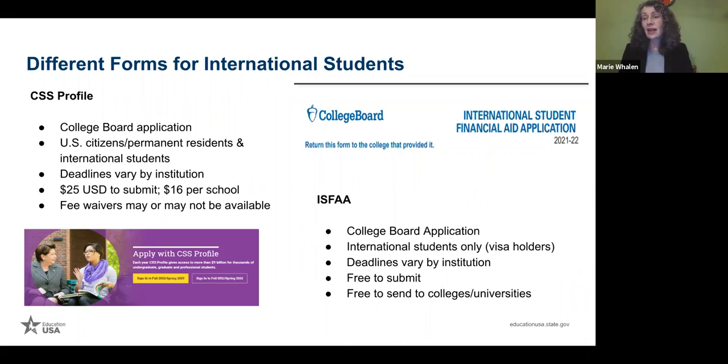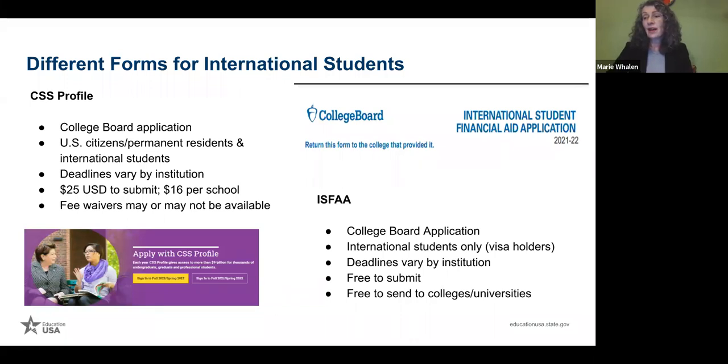The application you end up using will likely be decided by the individual college or university to which you apply. Depending on how many applications you submit, where you submit them, and the institutional financial aid policies, you could potentially end up submitting the CSS profile to some institutions and the ISFAA to others.